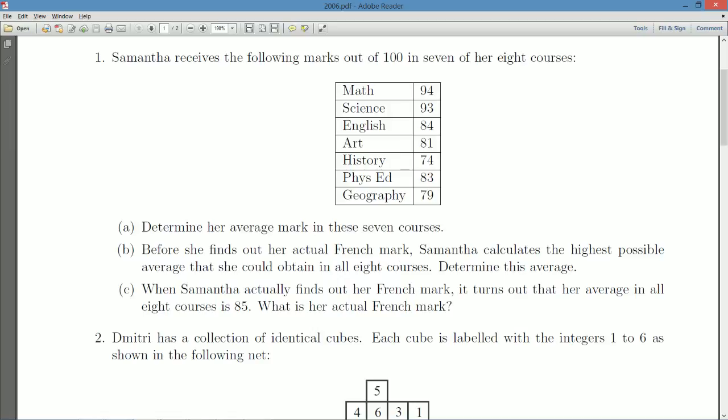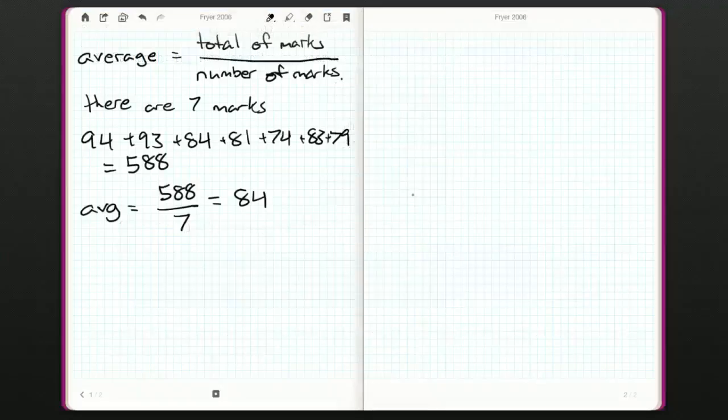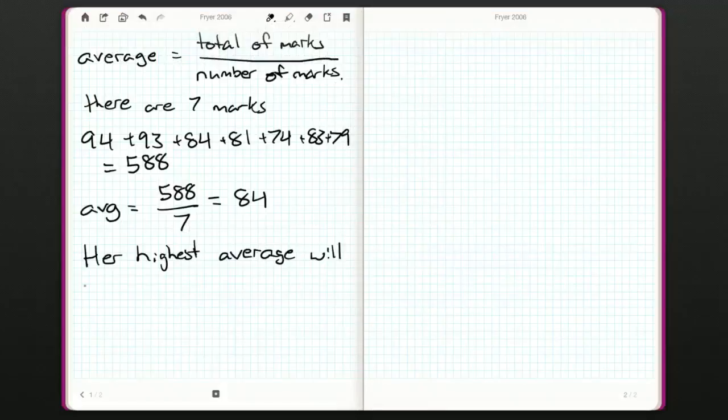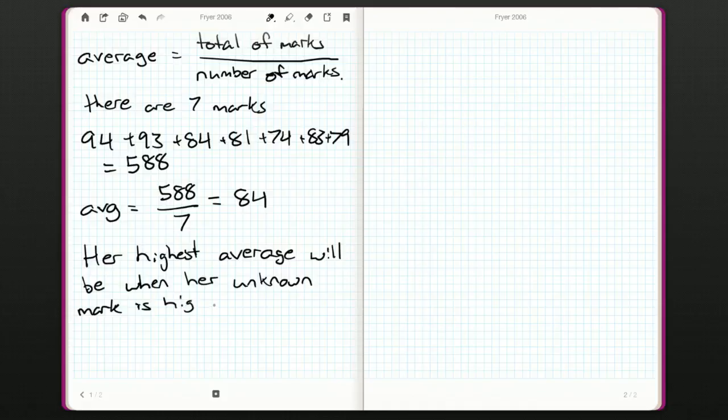The only one we're unsure of is French. So her average mark will be when her unknown mark is the highest.